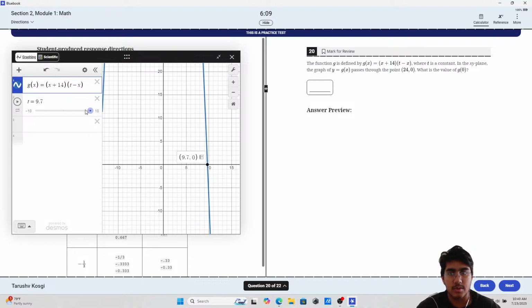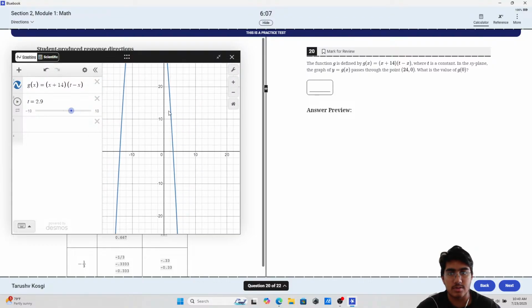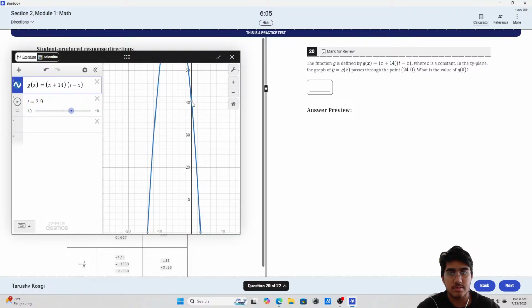So when x is 0, y should equal 24. This y-intercept should equal 24. 2.4, 25.2, 23.8.